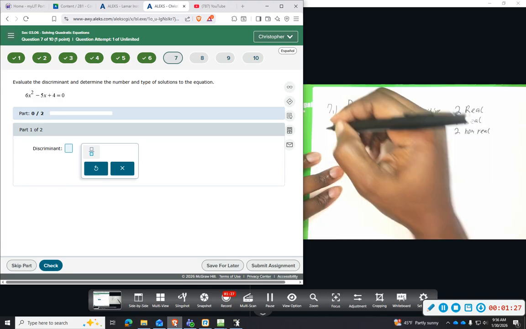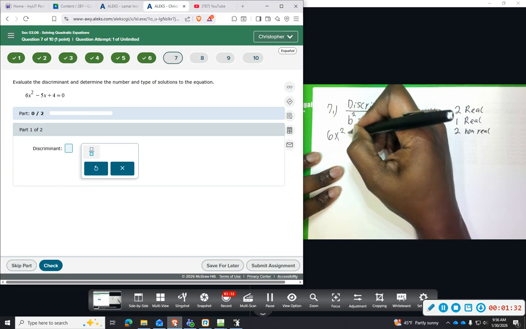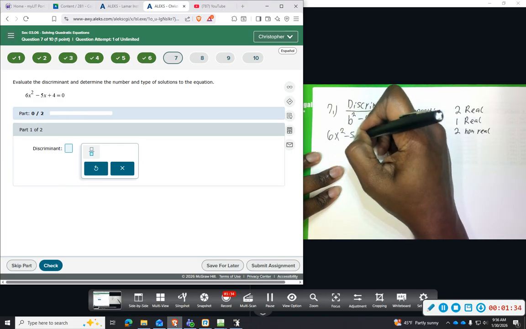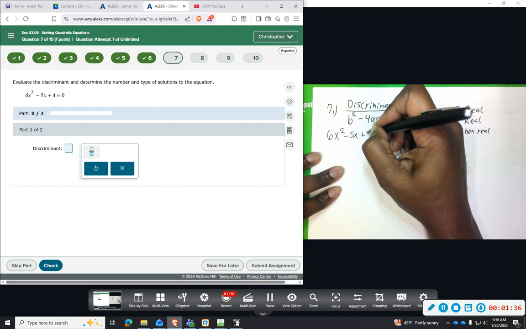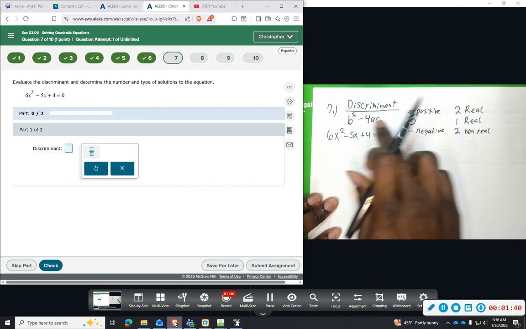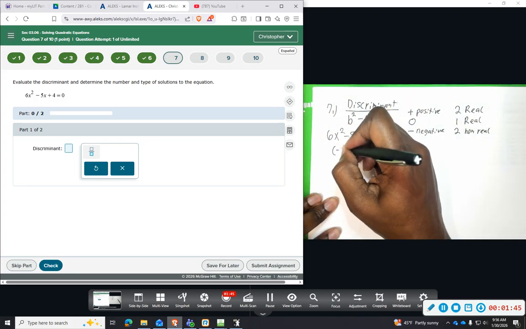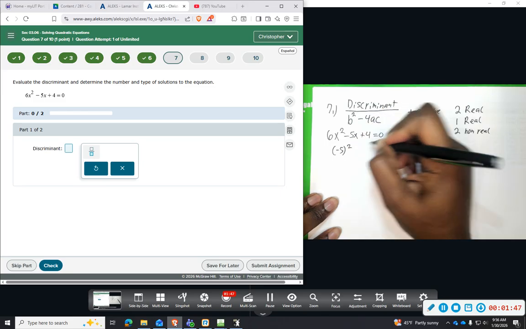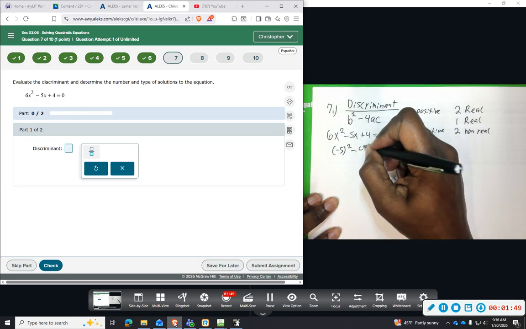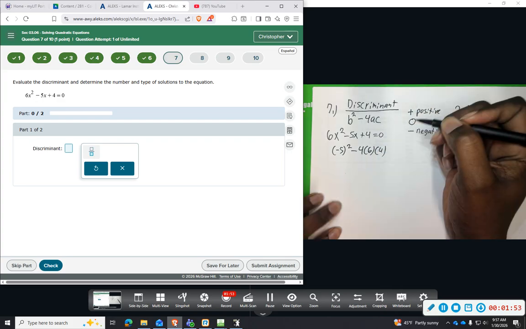So with the given problem, 6x squared minus 5x plus 4, we're going to focus on just the b squared minus 4ac. So that is going to be negative 5 squared minus 4 times 6 times 4.